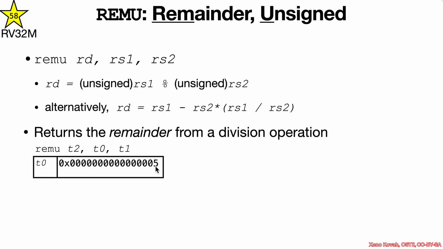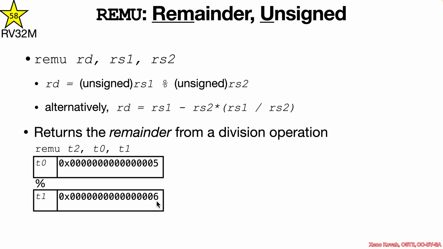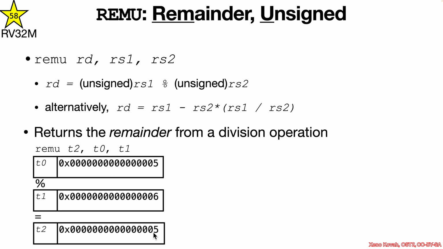So concretely, we had 5 divided by 6 before, but if we instead do 5 modulo 6, the result is going to be 5, because this rs1 divided by rs2 gave us a 0 before. That cancels out this entire term, so it's rs1, which is 5, minus 0, and the remainder is 5.